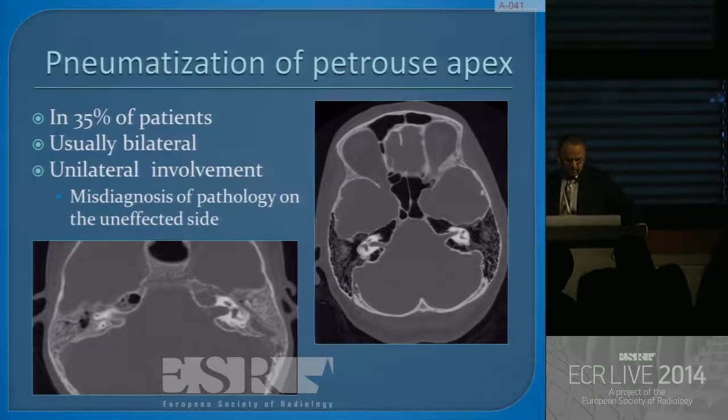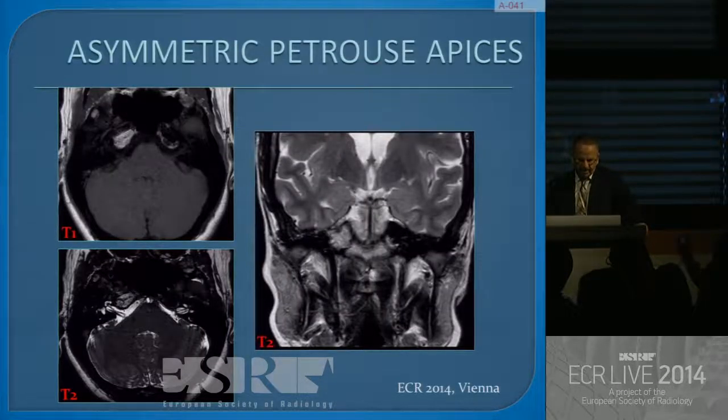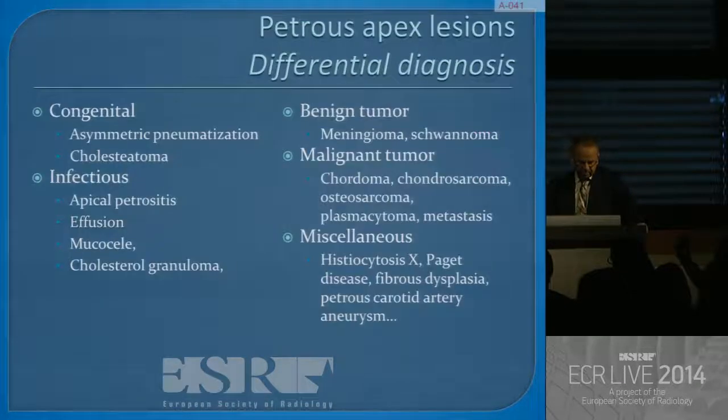Unilateral involvement may be misdiagnosed as pathology on the unaffected side. As in this case, the aerated left part makes us think that the normal fat-containing marrow of the other part is a mass lesion, which can be mistaken for a cholesterol granuloma.